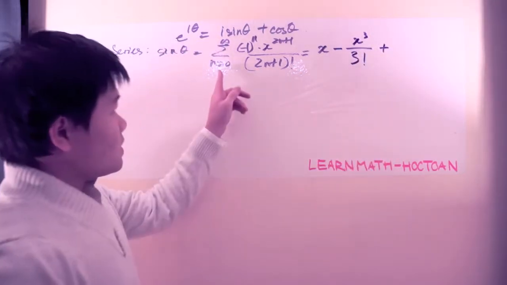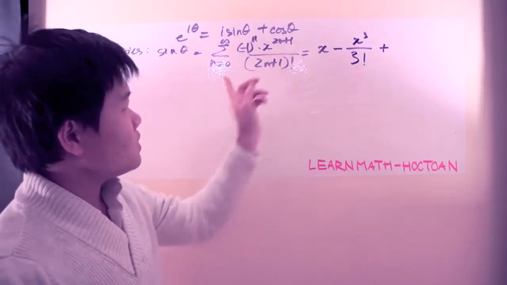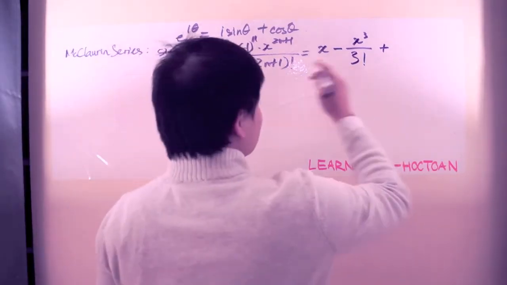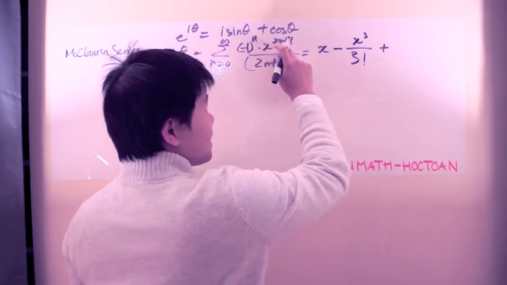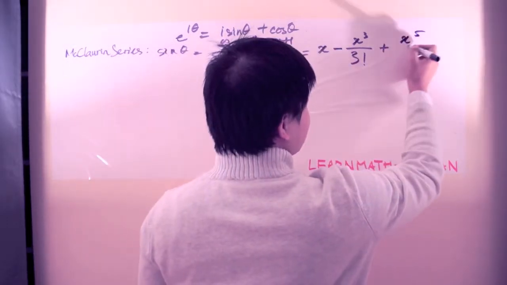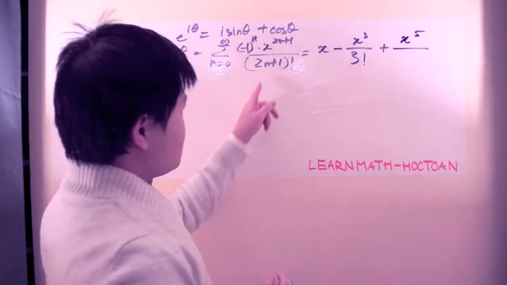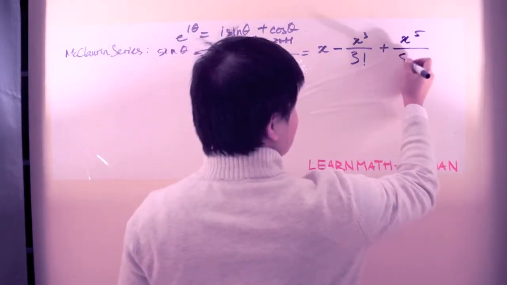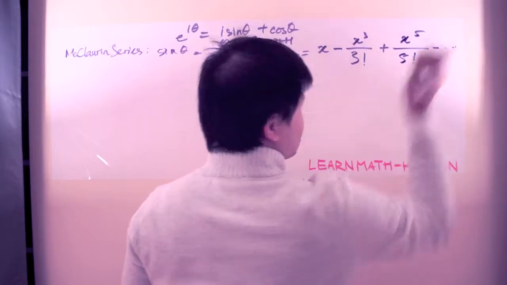Then n equal to 2, minus 1 squared is 1, 2n plus 1 is 5, so x to the 5th over 5 factorial, and it goes on and on.